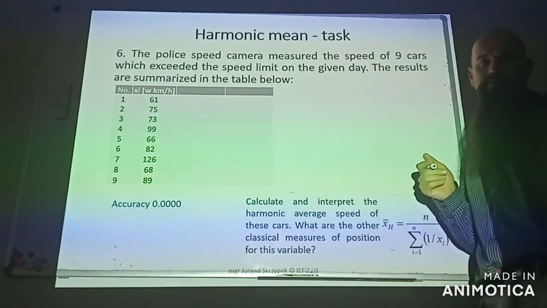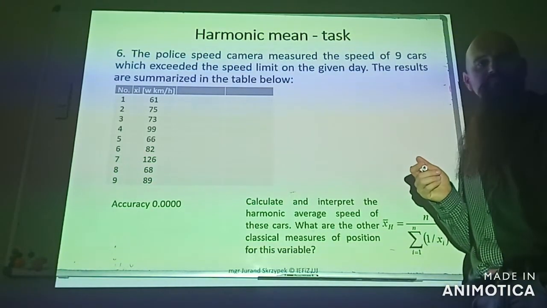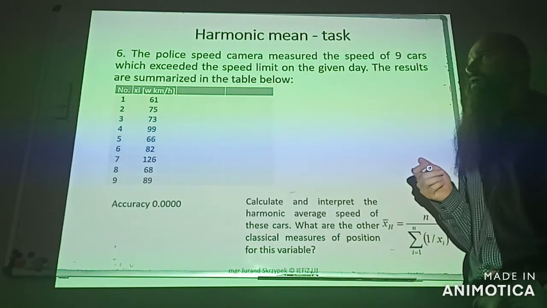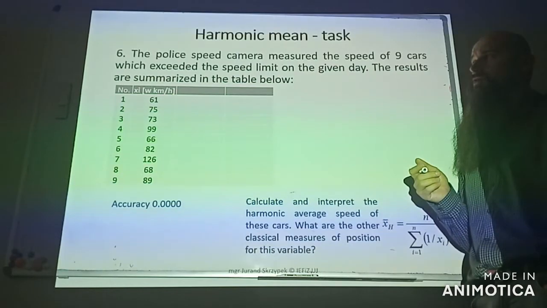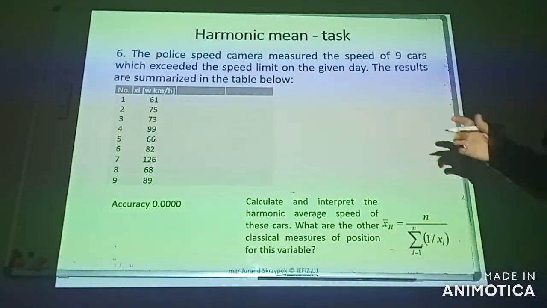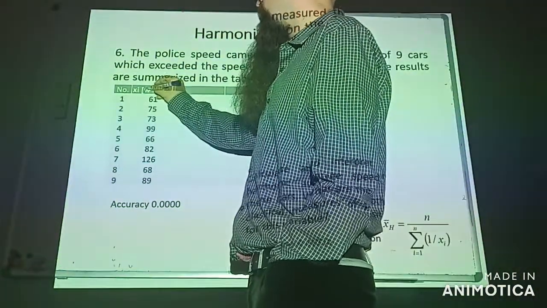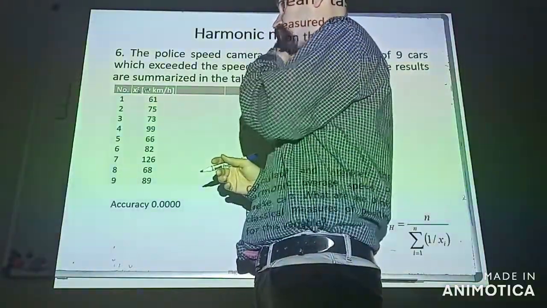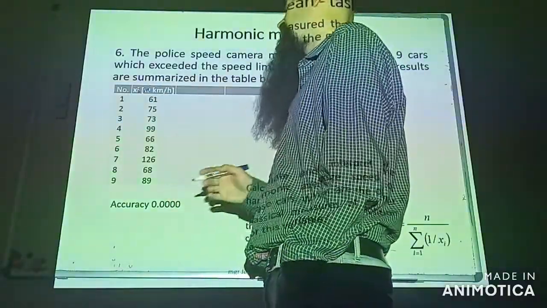Let's make an example of the harmonic mean computation. The police speed camera measured the speed of 9 cars which exceeded the speed limit on the given day. The results are summarized in the table below. Here we have the considered variable xi and its values.